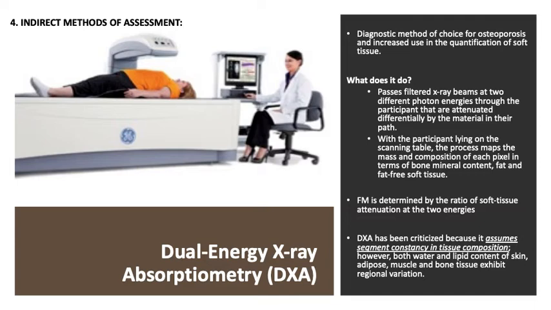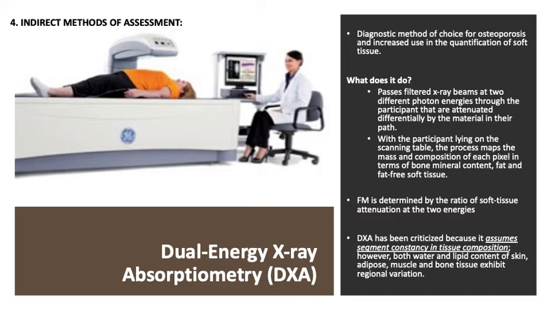The only thing is that DEXA has been criticized because it assumes constancy in tissue composition. However, as we know, water and lipid content of skin, adipose tissue, muscle, and bone exhibit regional variations. So what does this mean? Well, essentially, we're assuming that the water content is the same throughout the entire body in every single tissue, which we know is not true.